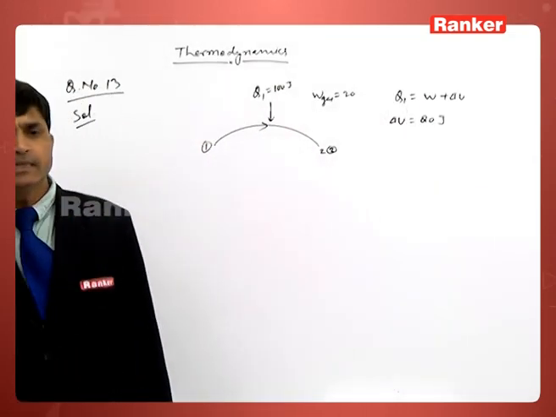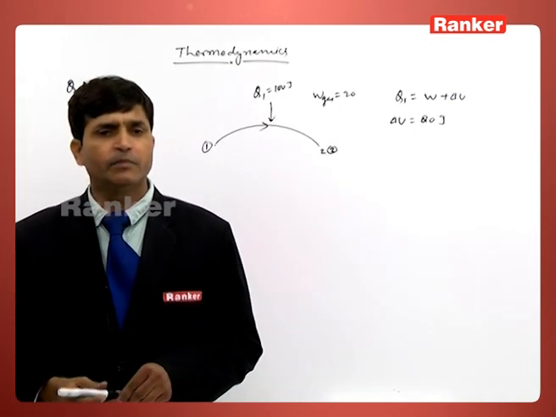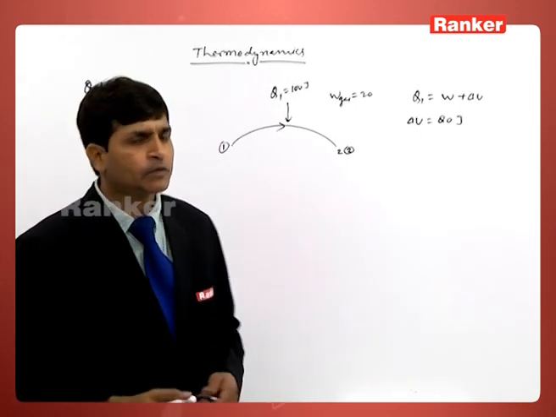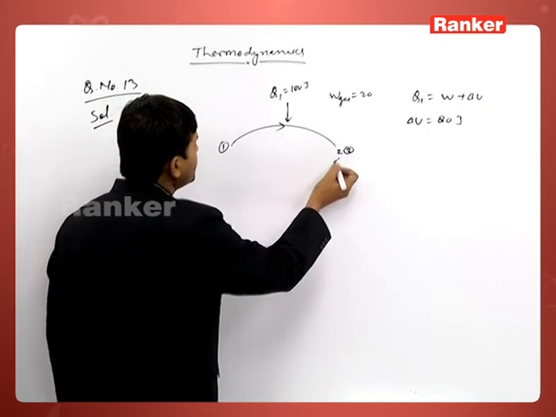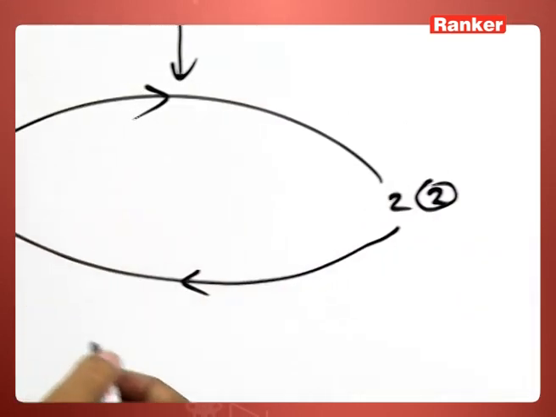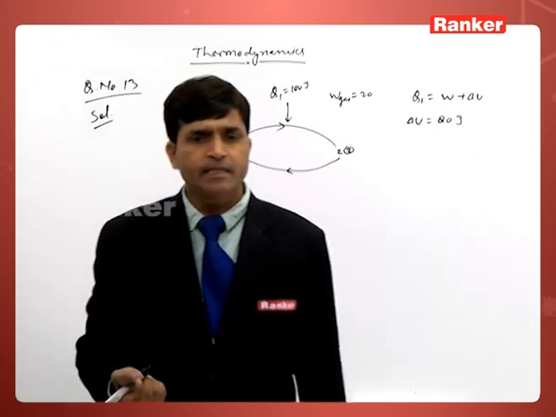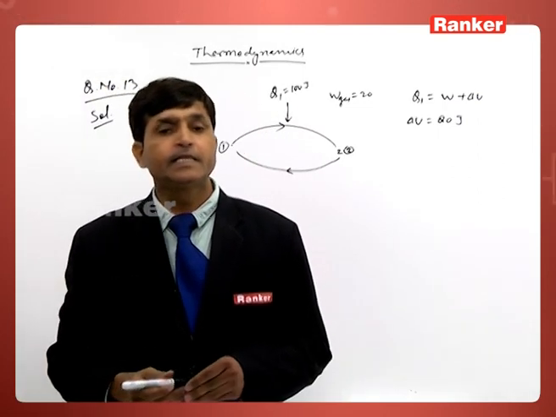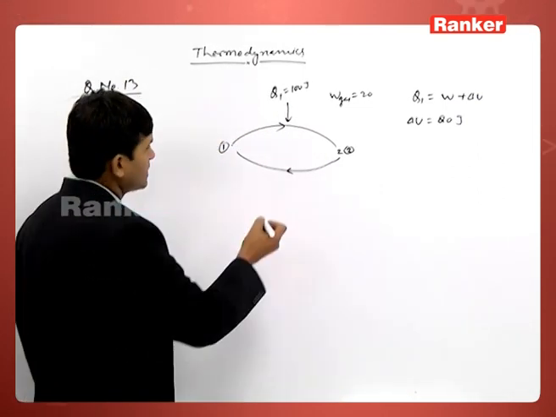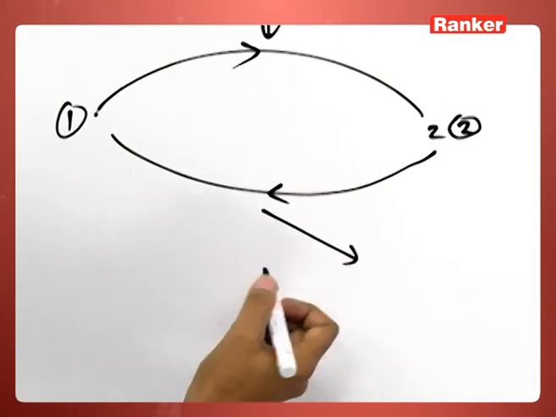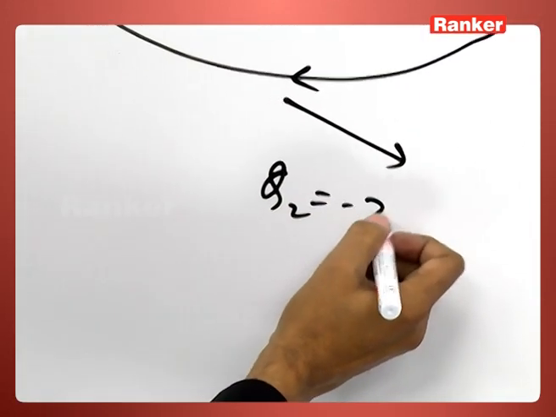Now in the other way, the system is brought back to the original state, now from 2 to 1. In this process 20 joule of heat is released. Here Q2, released means minus 20.